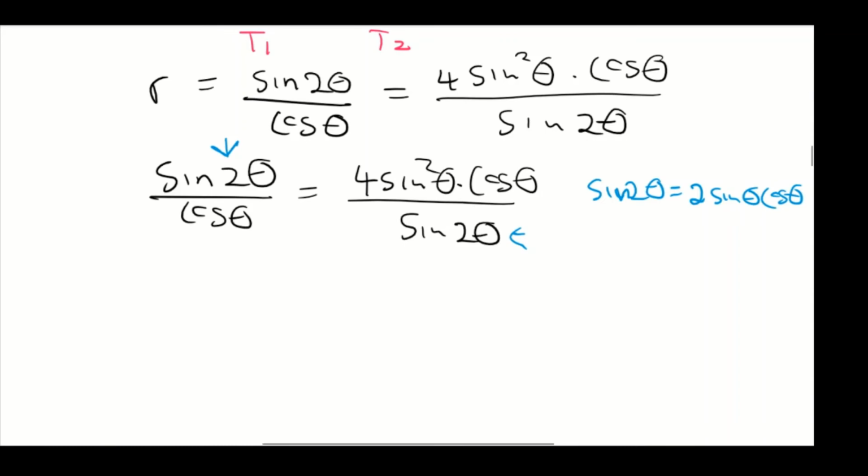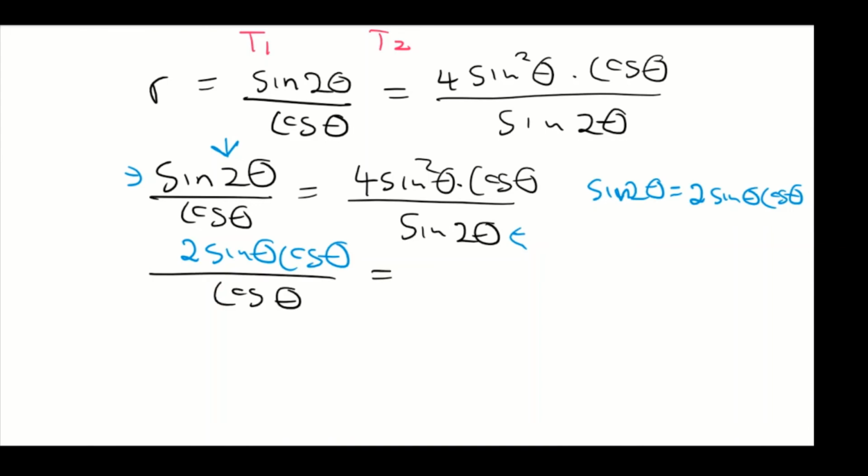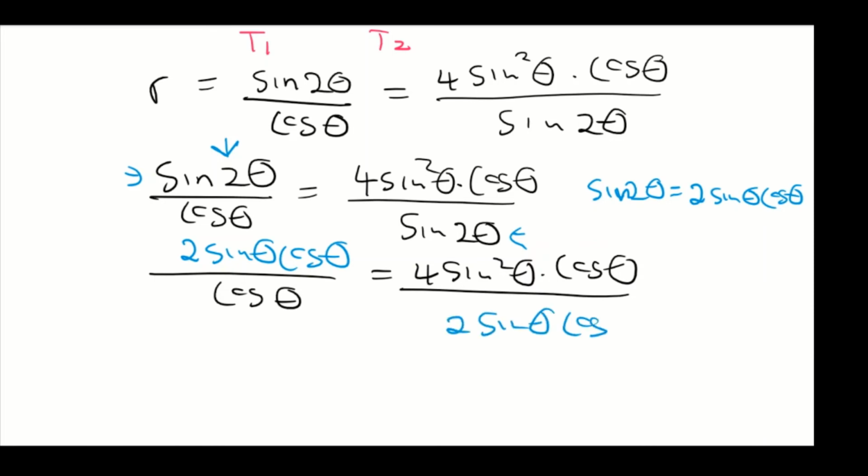This sine of 2 theta is actually 2 sine theta cos theta, then you divide by your cos of theta, being equal to 4 sine squared theta multiplied by cos of theta divided by your 2 sine theta cos theta. Remember, this is the same as this one. So now you'll be able to solve your problem.